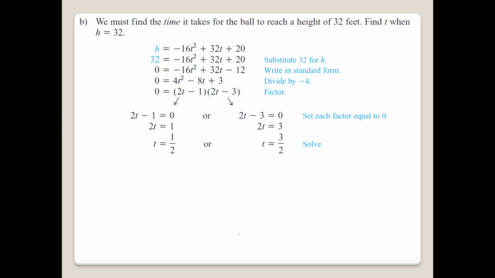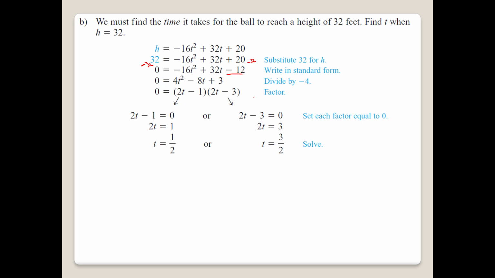We substitute 32 in for h, taking our base equation of negative 16t squared plus 32t plus 20, and then we subtract 32 from both sides, and that's how we got a negative 12 right here. So we got negative 16t squared plus 32t minus 12.